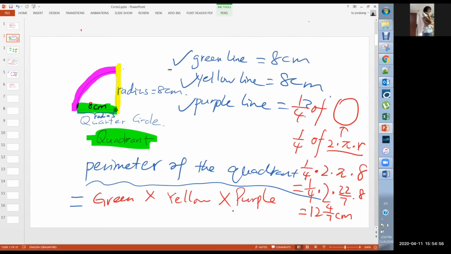Yes or no? Yeah, you trace. Use your hand. Trace. So which one is the perimeter? Okay, good. So when you trace, you use times. That means green times yellow times, is it?